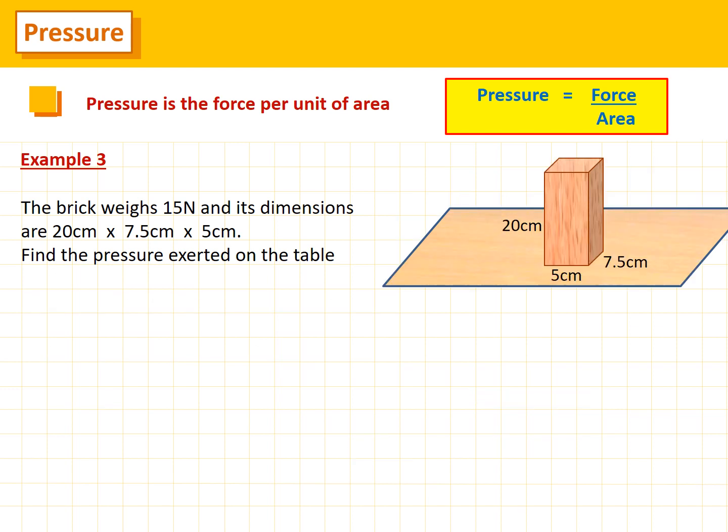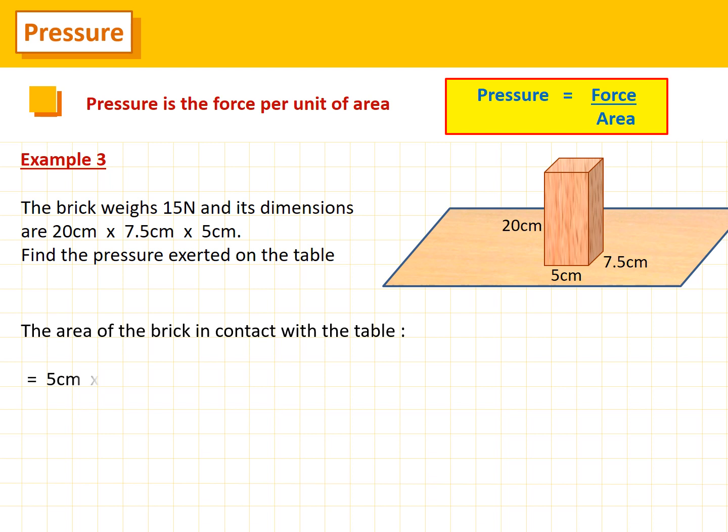And in example 3, we have exactly the same brick, this time turned on its end. And the difference that makes is the contact area of the brick, 5 centimeters multiplied by 7.5 centimeters, that's the base area. That will be much smaller, and consequently the pressure exerted on the table, as we shall see, is going to be greater.